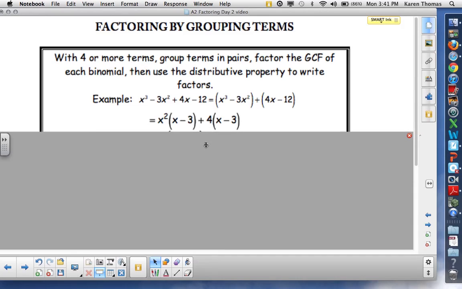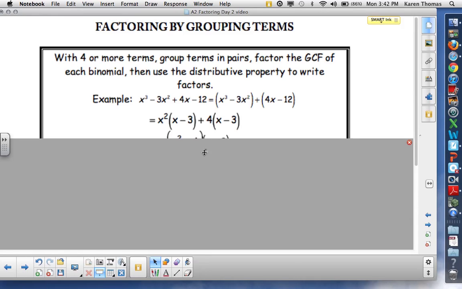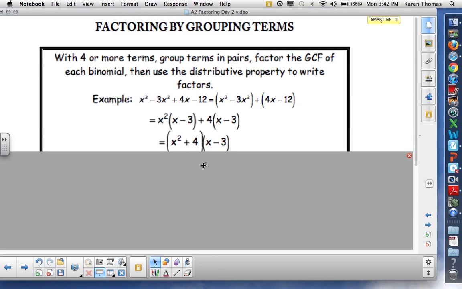From there, I factored out the GCF of the first group. I saw they both had x squared in common, factored that out. I saw that 4x minus 12 has a 4 in common. I factored that out. And then I undistributed because I had x minus 3 in both sets of parentheses, which is really exciting because that's what we want.